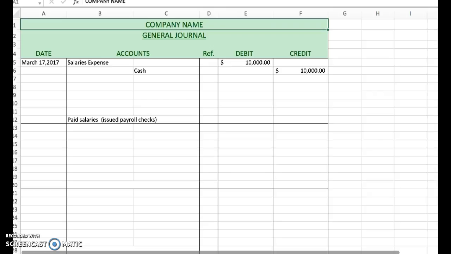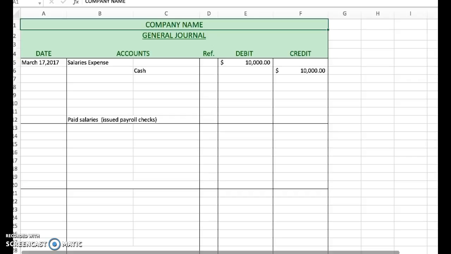In the course of looking at journalizing and posting, I gave you actually some very simple transactions to journalize and then to post. If you look on your screen, you'll see a sample of a journal. At the top would be the company's name, and then one transaction is journalized there.